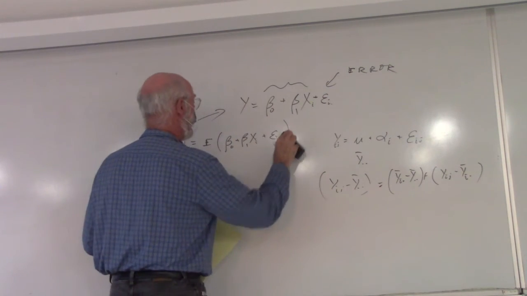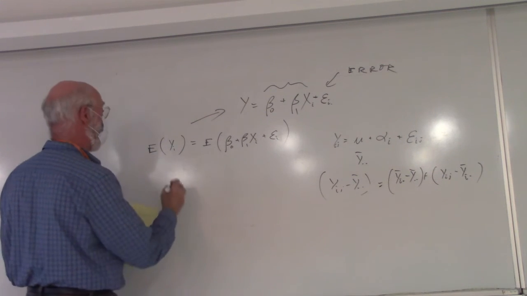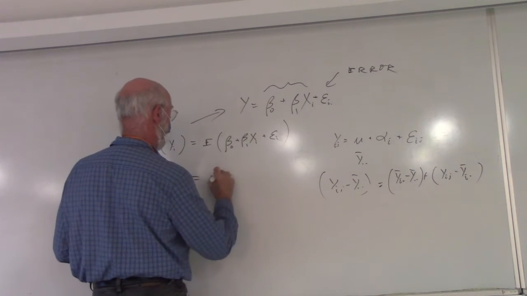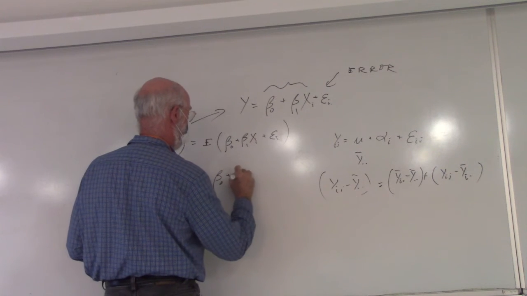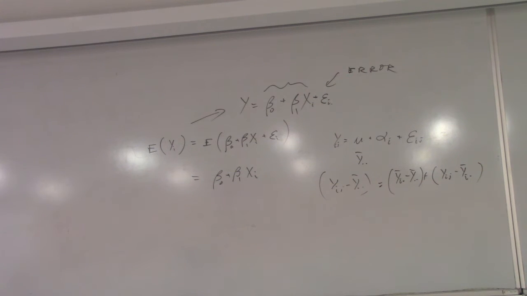Epsilon, I don't need to worry about the j's, okay? Which then is going to be equal to beta 0 plus beta 1 xi, because the expected value of epsilon is 0. Great. Okay.